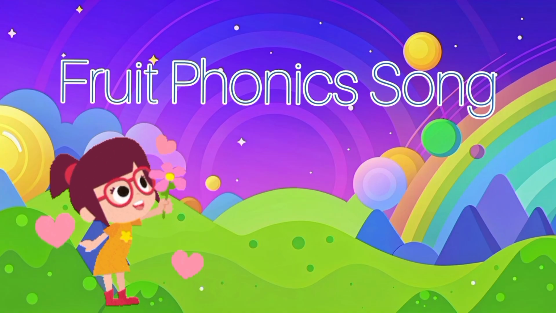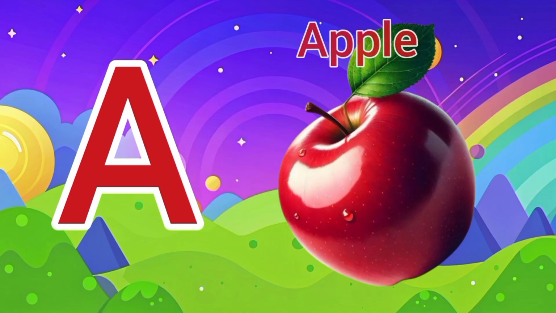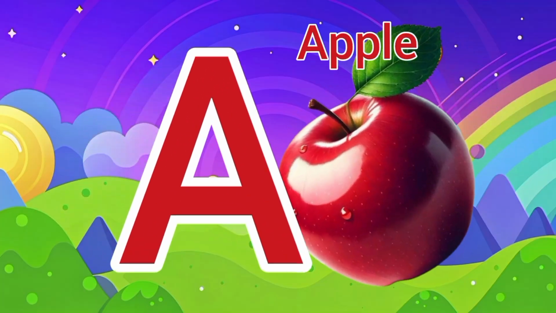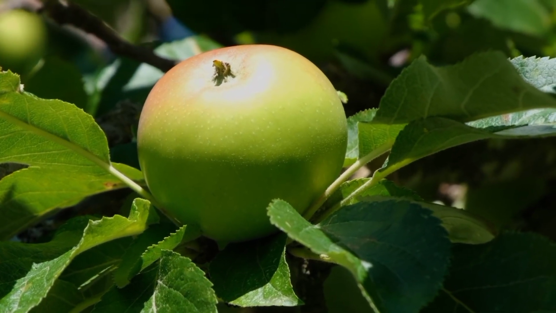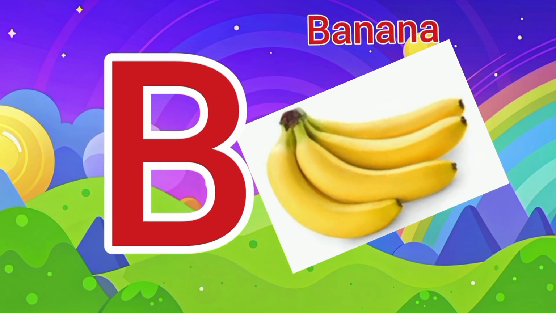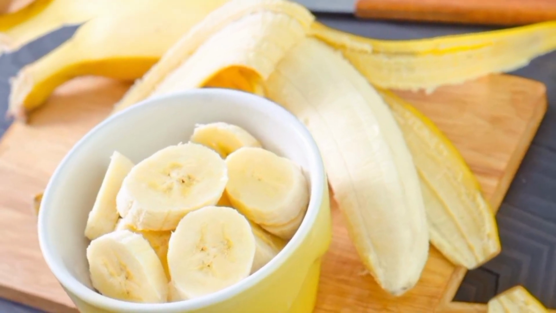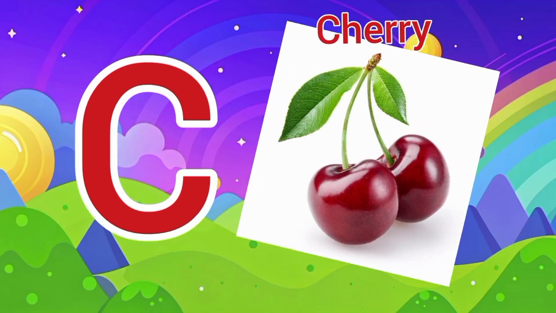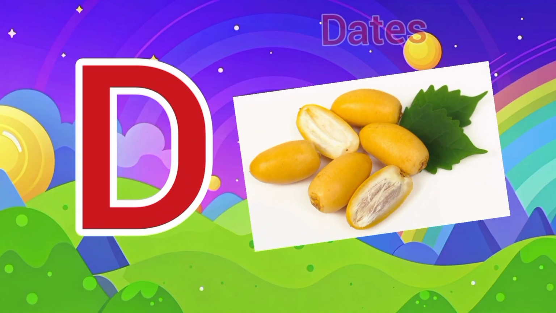Let's sing the fruit phonics song. A is for apple. B is for banana. C is for cherry. D is for date.